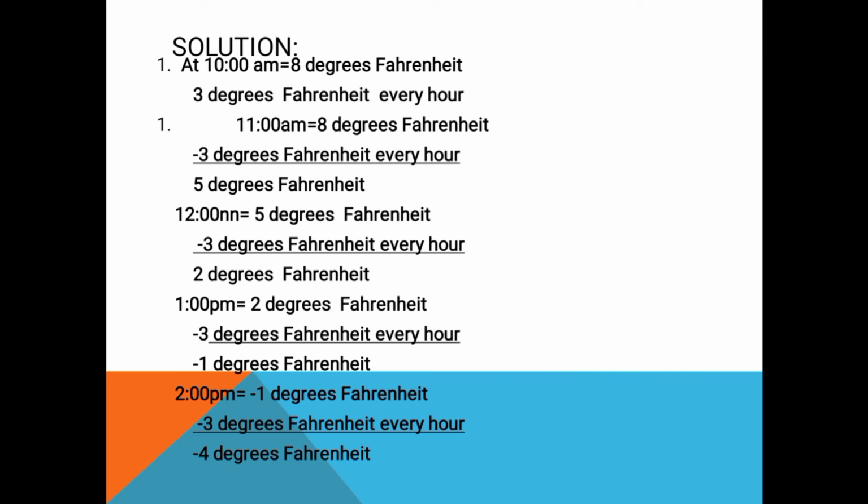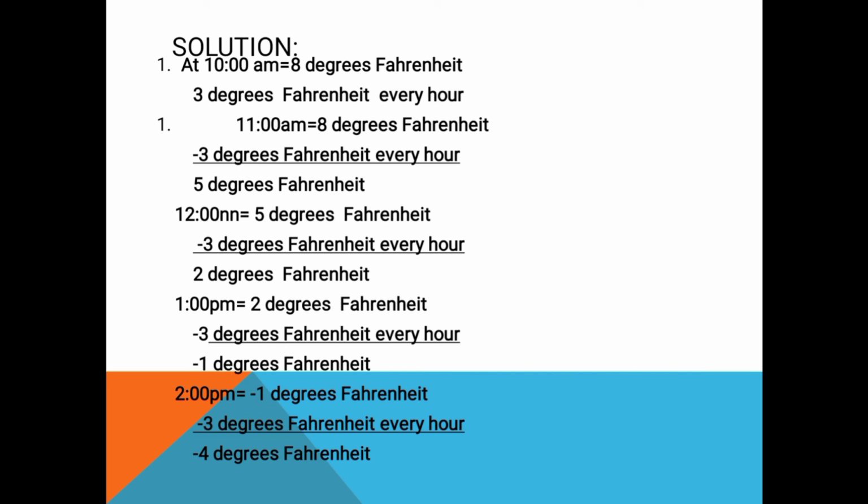So let's proceed to 11, then next 12. So at 12 noon, what will be our temperature? So 5 degrees Fahrenheit. Then it drops every hour by 3 degrees. So that will become negative because of the word drop. So 5 plus negative 3, different sign, subtract. So 2 degrees Fahrenheit at 12 noon.